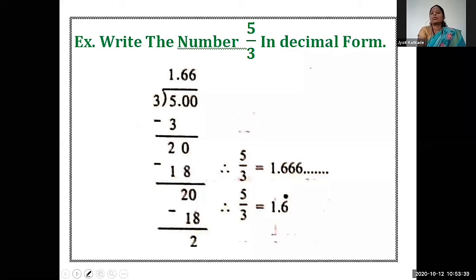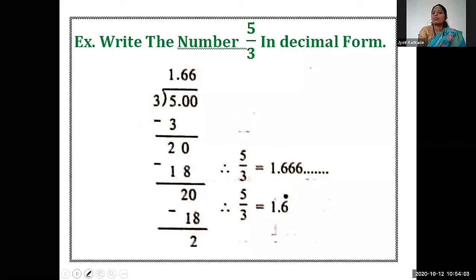When we take 2, again there is 0, then 20. Means this 6 is a repeating value. Means we get the quotient as 1.6666, means when we solve, we get the same value, sixes. Means we can't get the remainder as 0.